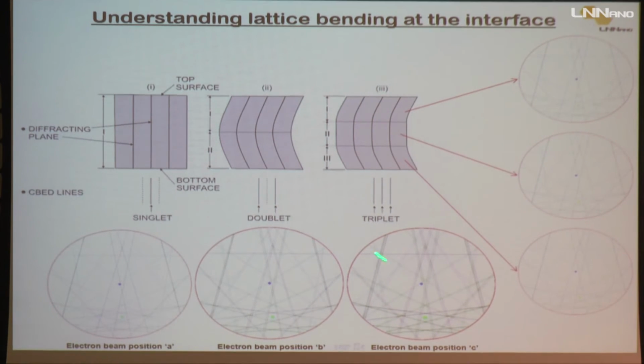Similarly, at position C, the bent lattice plane can be considered as three different layers, one on top, one in the middle, one on the bottom, and each gives a set of Holstein patterns. As the electron beam passes through, all three patterns overlap, and we get a triplet.